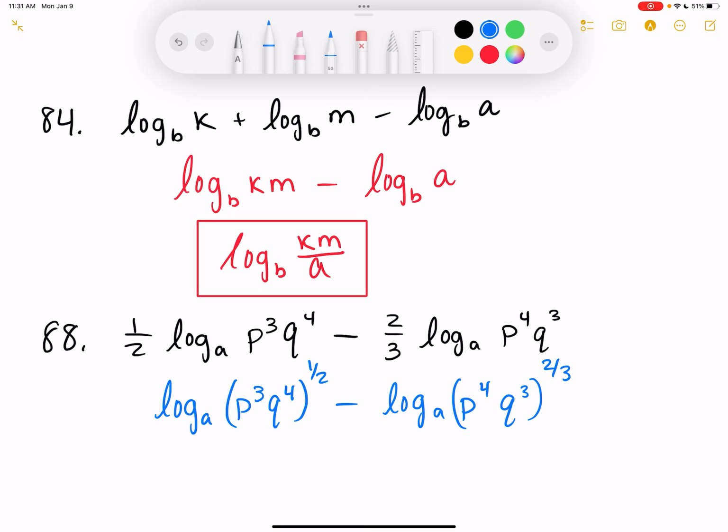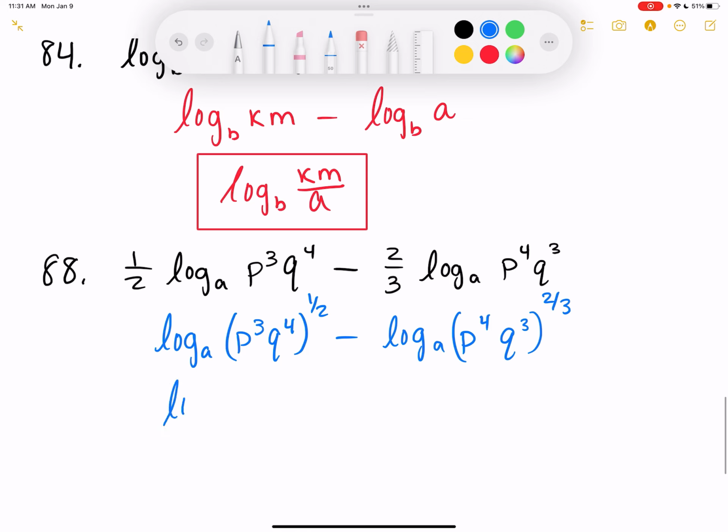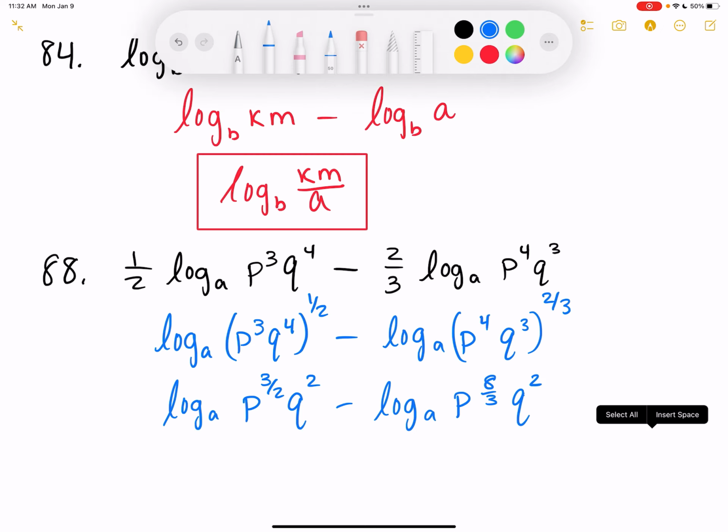I would go ahead and factor this through, I mean rewrite it, before you go any farther. So this would be log base a of p to the 3/2 times q to the 4/2, which is 2, so q squared, minus log base a, I'm going to do the same thing over here, of p to the 8/3 times q to the, well, 3 and 3 cancel, so q squared.